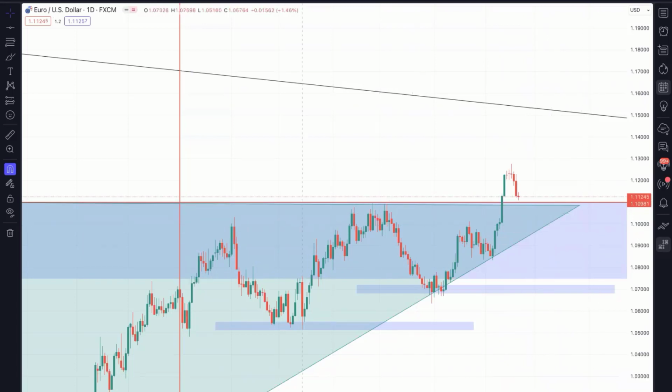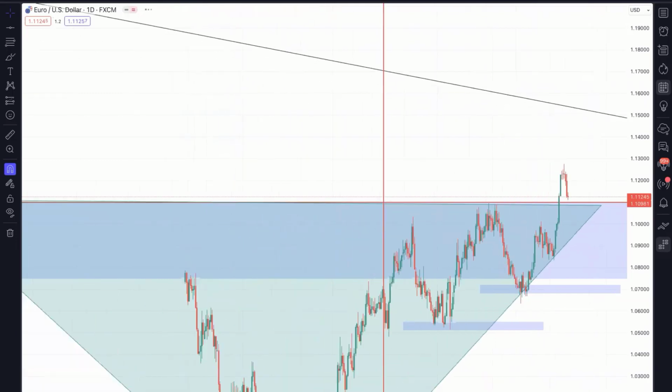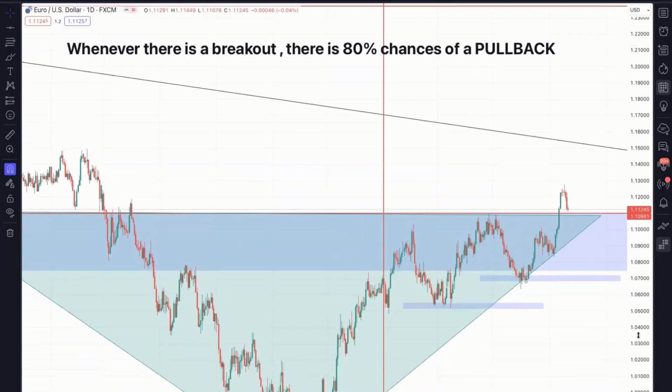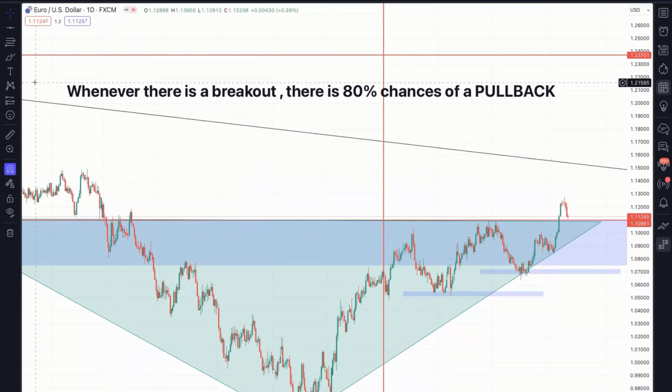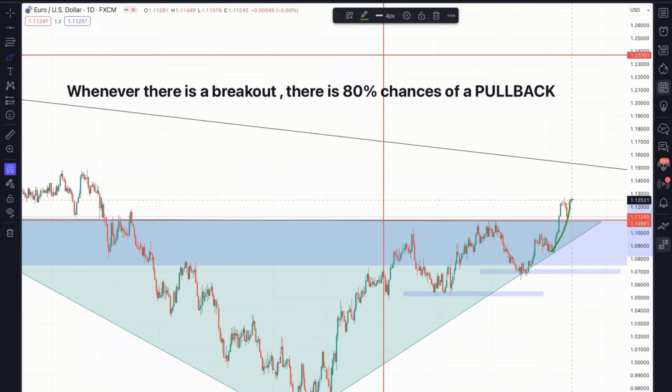So we have gotten into a clearer zone now, which is the daily time frame. A breakout has occurred here. A pullback definitely happened. Now, what is the expectation? The market would go up.